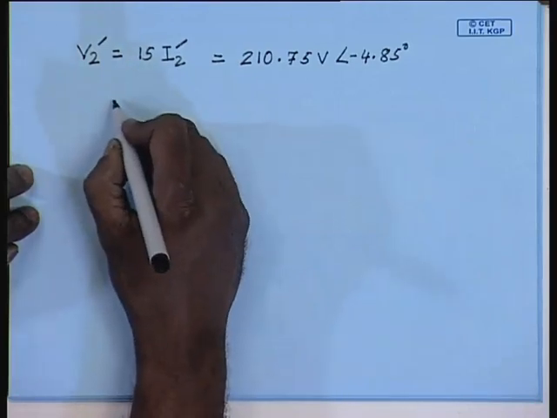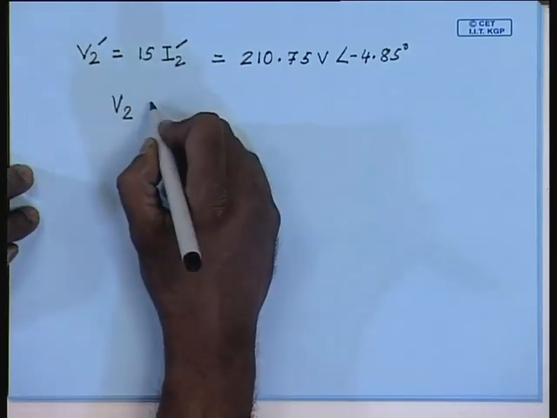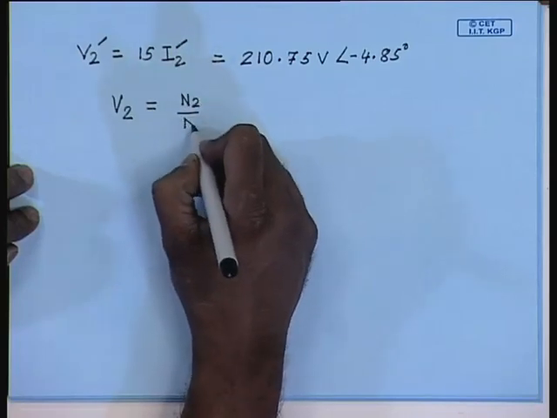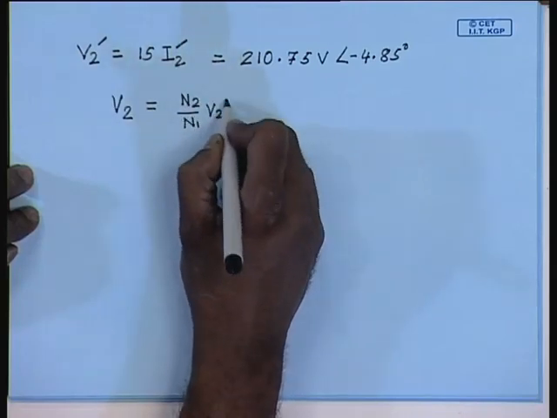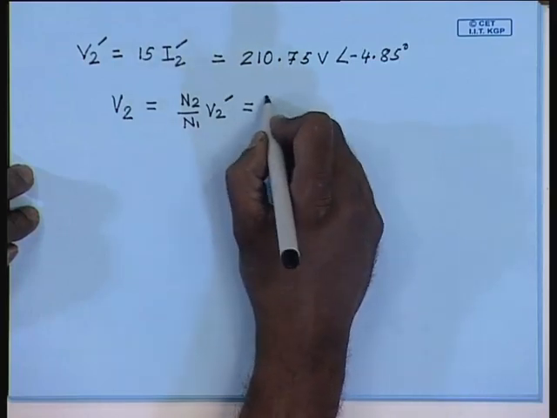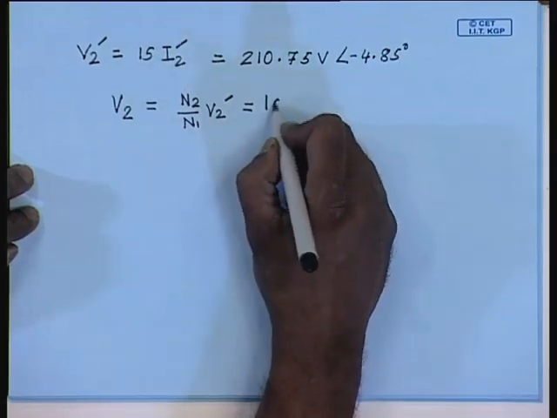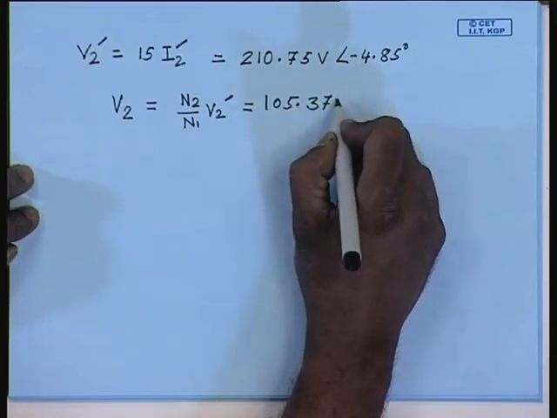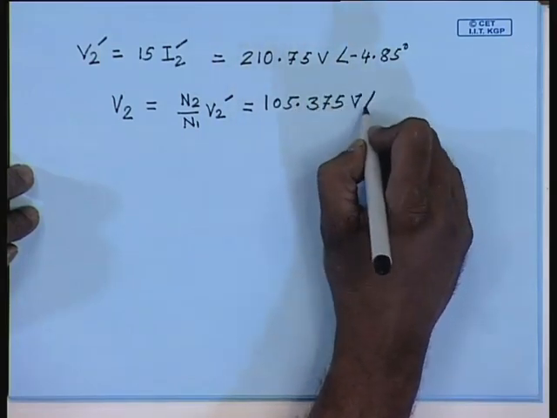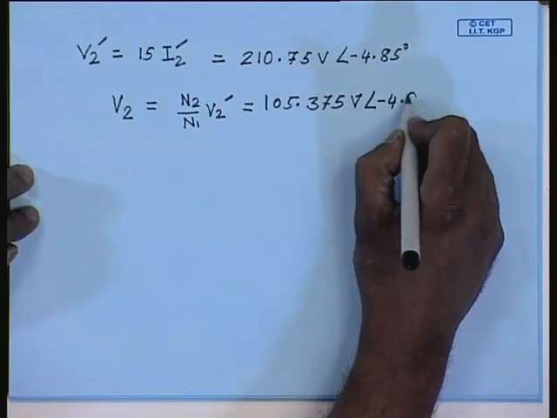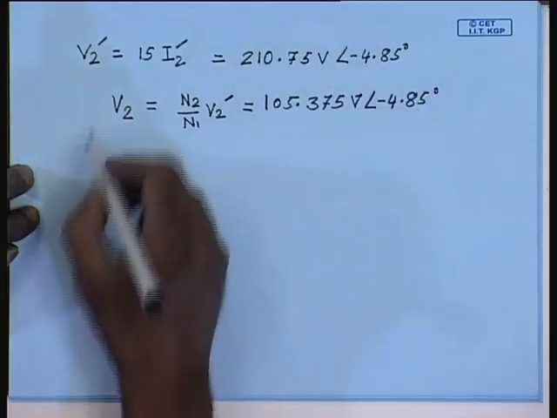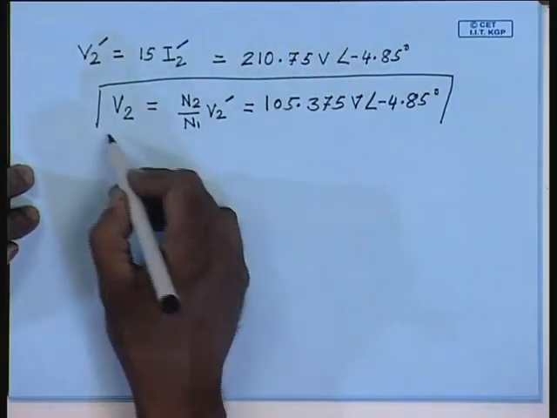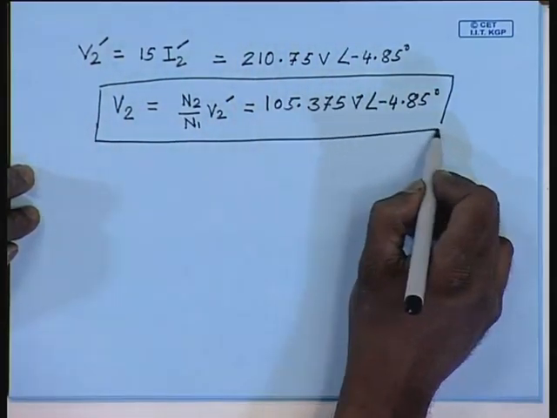What is V2, the actual load voltage? V2 equal to N2 by N1 into V2 dash, hence it is 105.375 volt angle minus 4.85 degrees. So, this is the answer to the second part of our question, what is the load voltage.